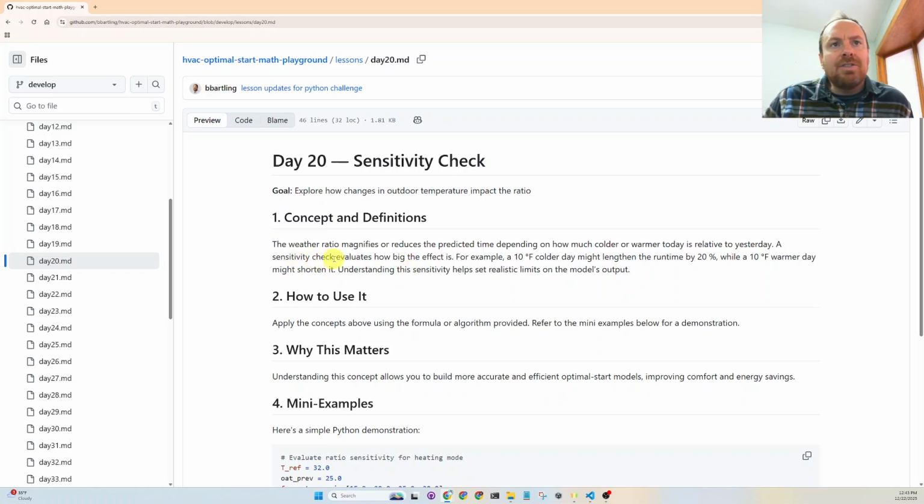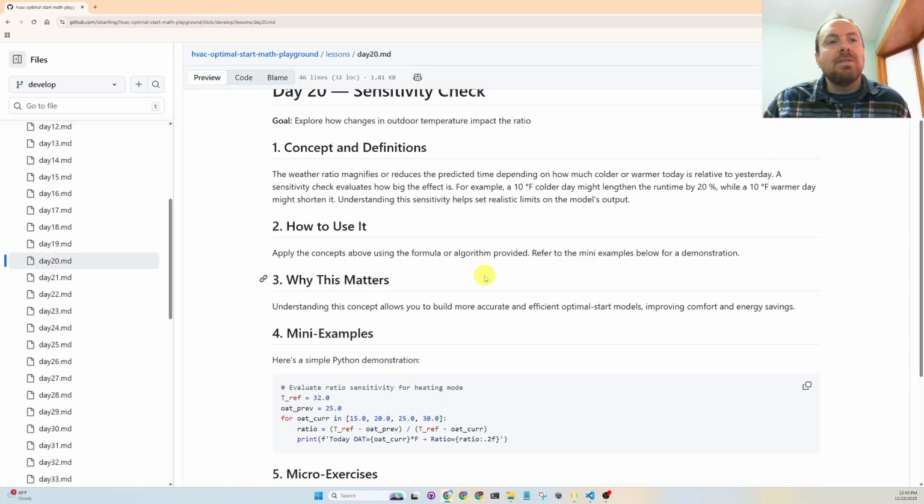A sensitivity check evaluates how big the effect is. For example, a 10-degree colder day might lengthen the runtime by 20%, while a 10-degree warmer day might shorten it. Understanding the sensitivity helps set realistic limits to the model's output.